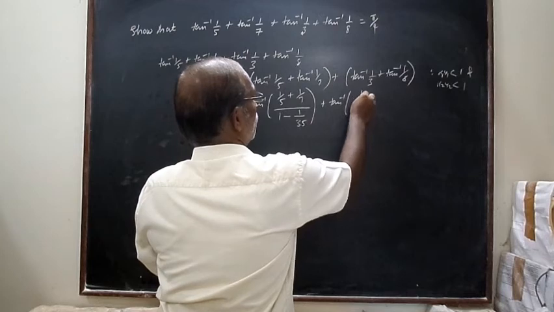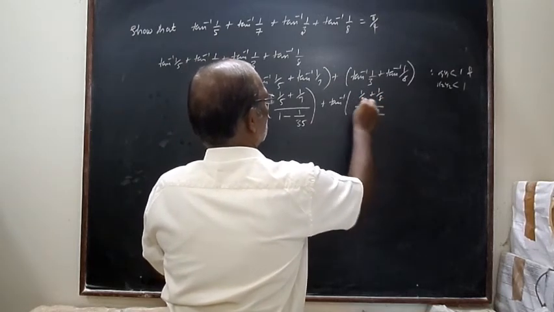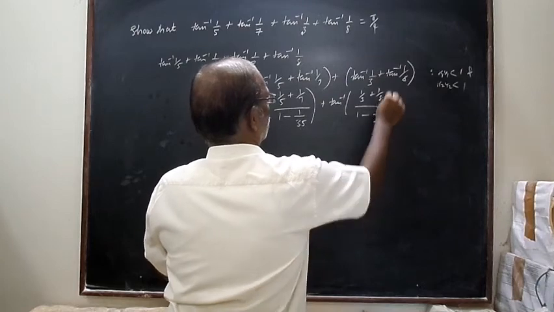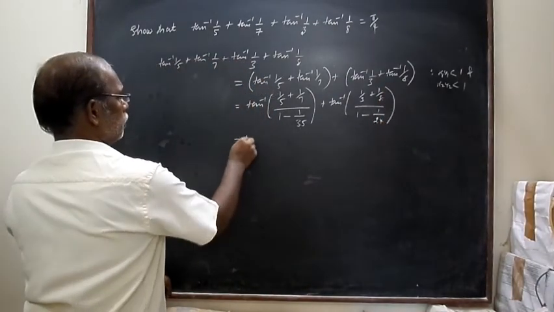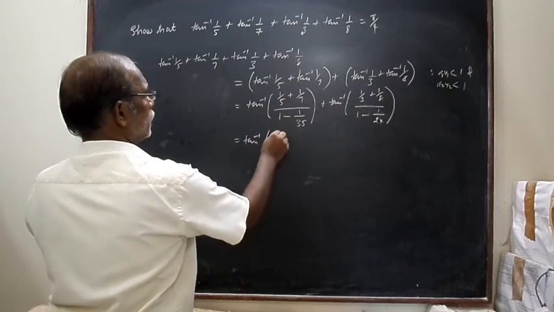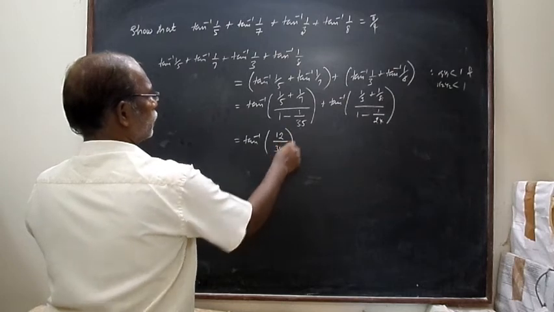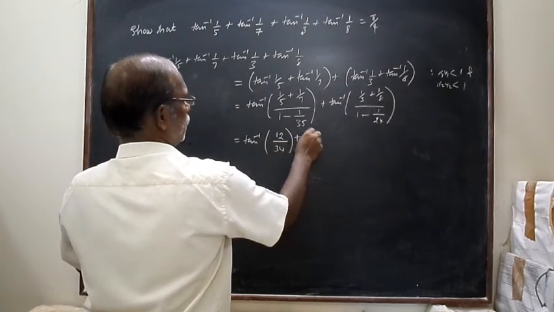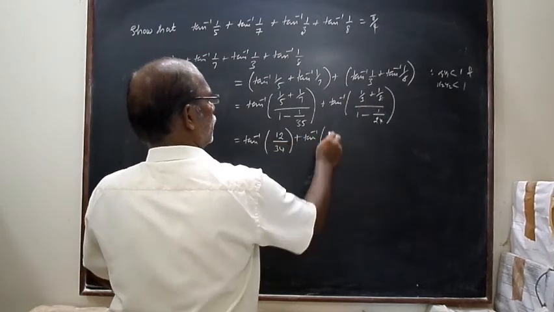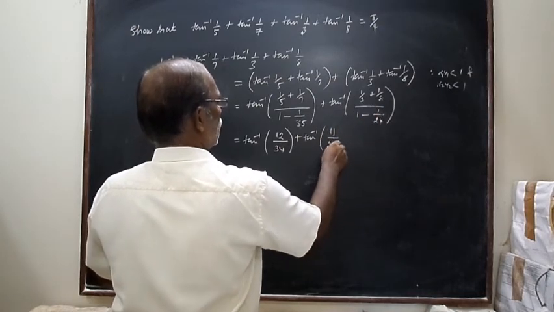So tan inverse of (1/3 plus 1/8) over (1 minus 1/3 times 8, that is 1 minus 1/24). On simplification, tan inverse of (5 plus 7, 12) over (35 minus 1, 34), plus tan inverse of (3 plus 8, 11) over (24 minus 1, 23).